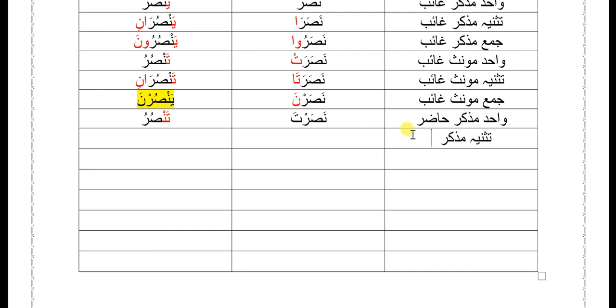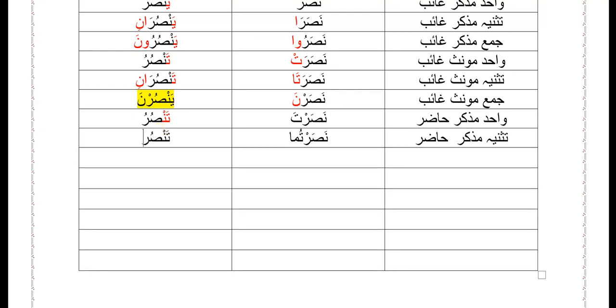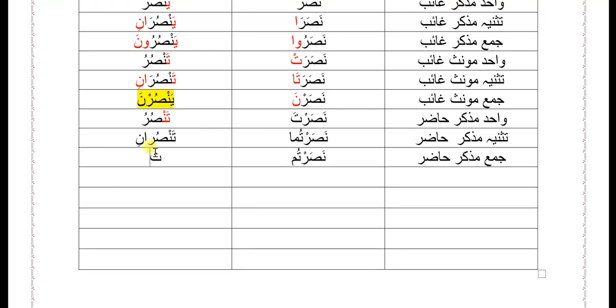Tasniya muzakkar hazir, nasartuma. In muzare we write tansurani. Jama muzakkar hazir, nasartum. In muzare we say tansuruna.